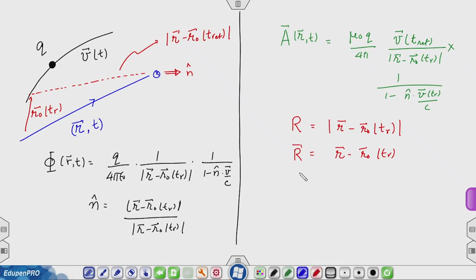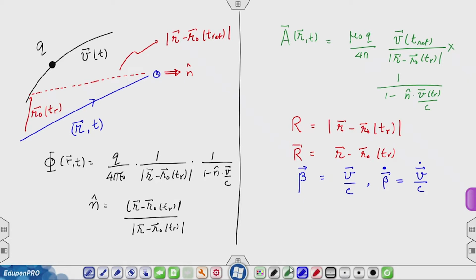Then I am going to define a quantity beta, which is usually used in the books, which is the velocity vector divided by c, dimensionless. And beta dot is the time derivative of beta, which is going to be equal to v dot over c.